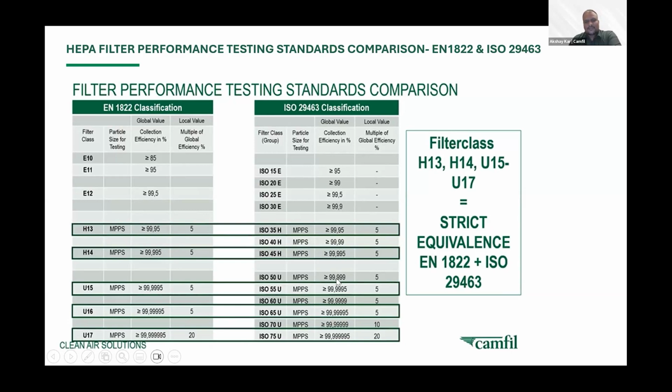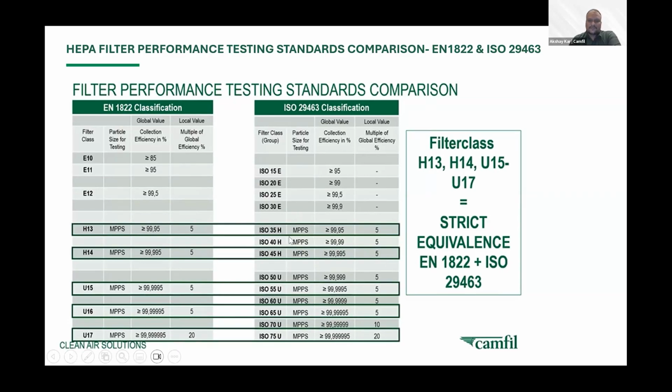So there is an addition of grades in between the two earlier EN1822 filter classes. Just like between H14 and ULPA 15, we have another grade, 99.999. So it should have a strict equivalence with EN1822 and ISO 29463.